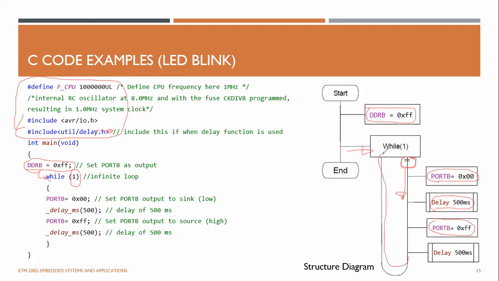Then again go to the while loop and wait. So this is how you develop your algorithm. Then you write your code. So this example is to blink LEDs in PORTB, all the LEDs.